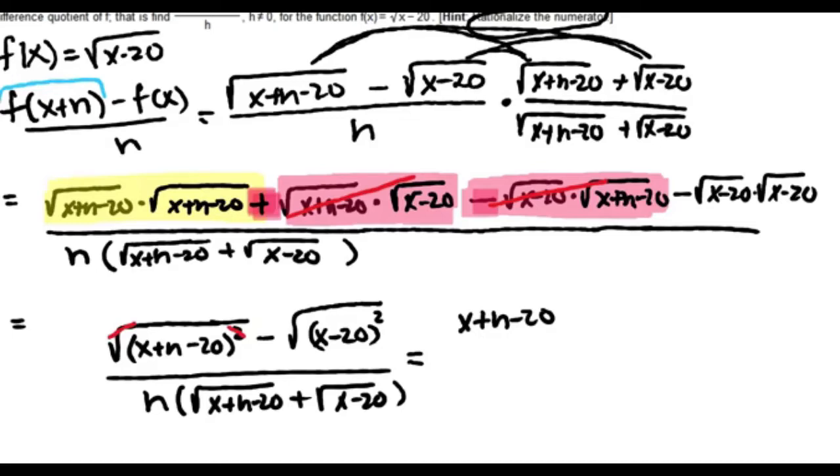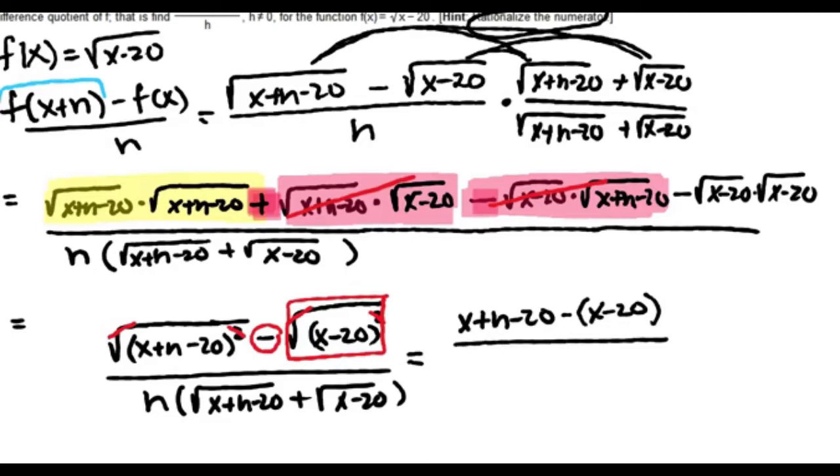And then on the next term, the square root and the square cancel each other out. And we're left with that x minus 20. But be careful, this minus sign applies to this whole expression. So we need to put minus in parentheses here to make sure that minus sign applies to all of those terms.